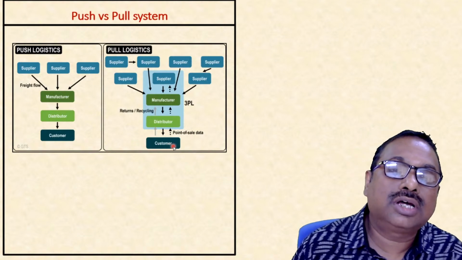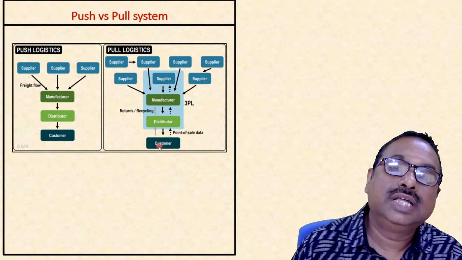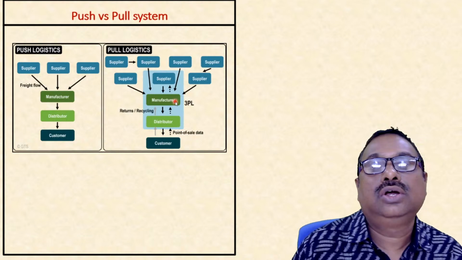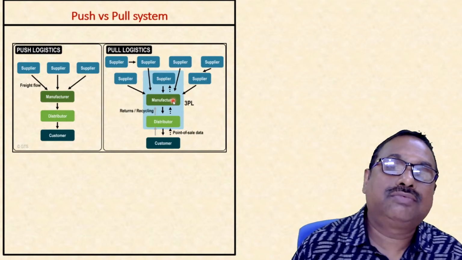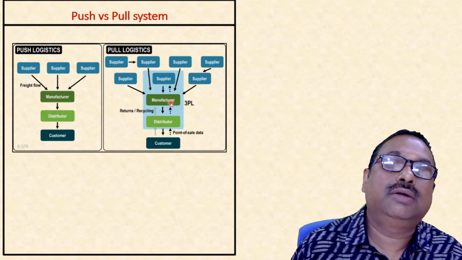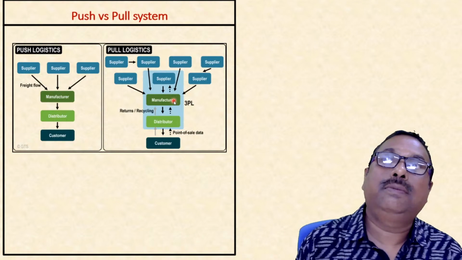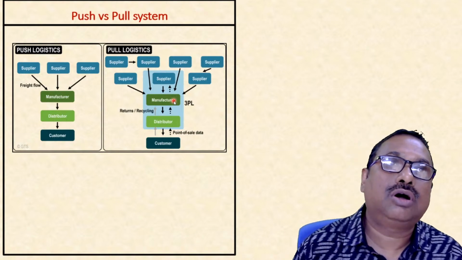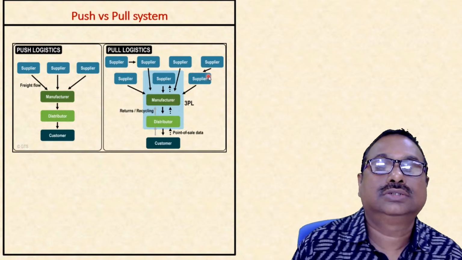That means the customer gives point of sale data, POS, this goes to the distributor, then it goes to the manufacturer. Suppose an order comes for n number of items to the manufacturer. So the manufacturer will procure the proportionate amount of all the components and raw materials from different suppliers.